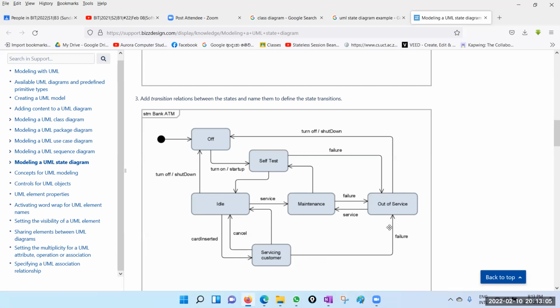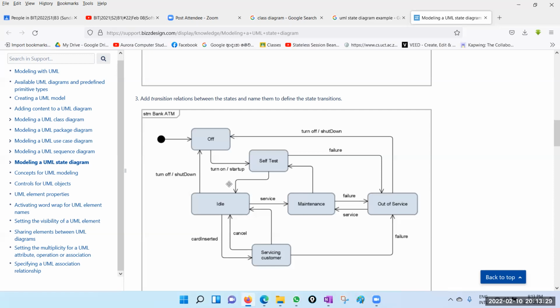Maybe some error happened. Again, you have to do some maintenance and put it back to the idle state. When you draw it like this, you know that the ATM machine is a very complicated device. So many things are happening. But once you abstract it like this, we abstract one particular concept called the state into a diagram.